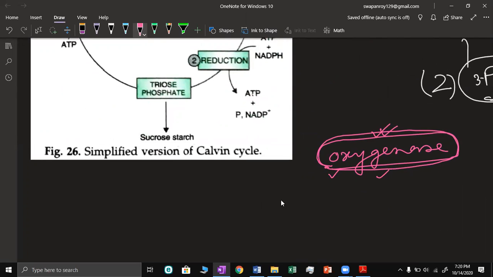It prefers oxygen. When it absorbs oxygen, then photosynthesis will be reduced, because for photosynthesis carbon dioxide is required.